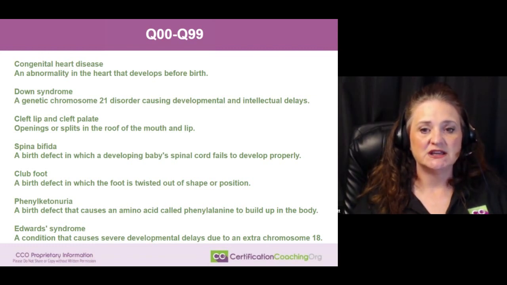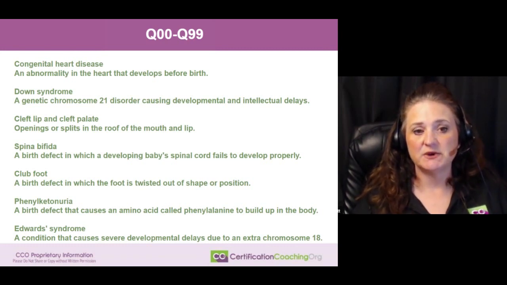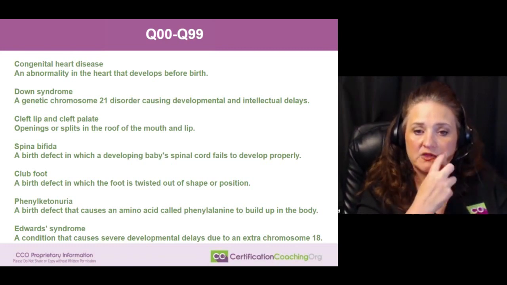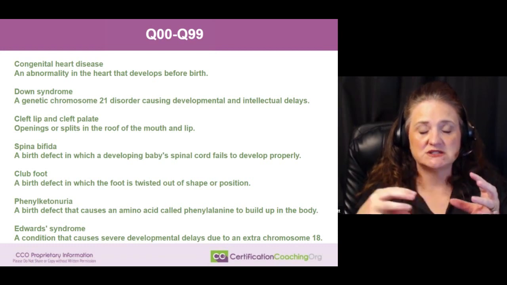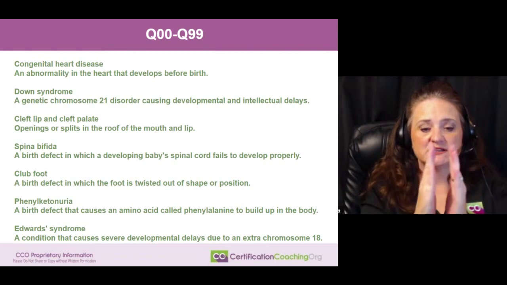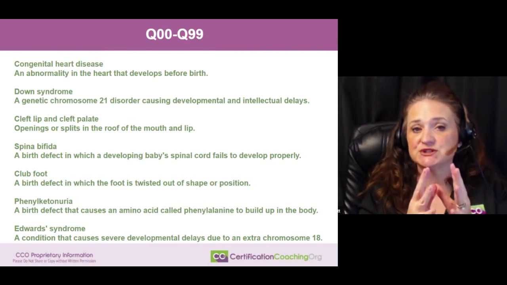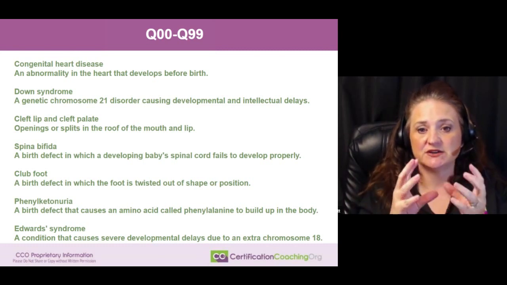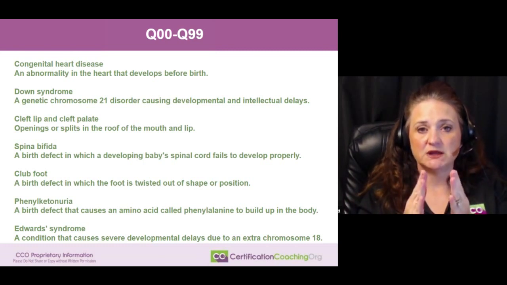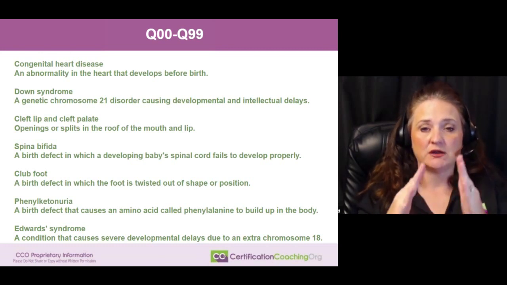Ultimately, it is a failure of the spinal cord to develop, and so the spinal cord could bulge out, or it's not trapped securely in the vertebra where it's supposed to be housed. It slips through because there is some type of developmental defect in the spinal cord itself or the vertebra.